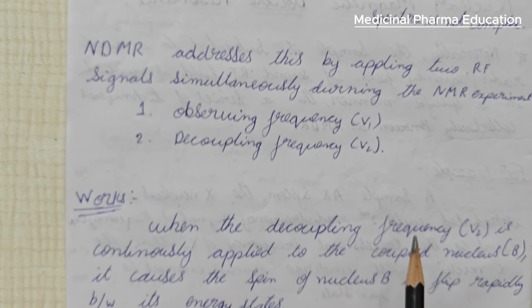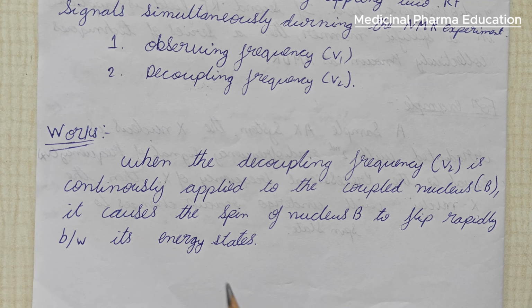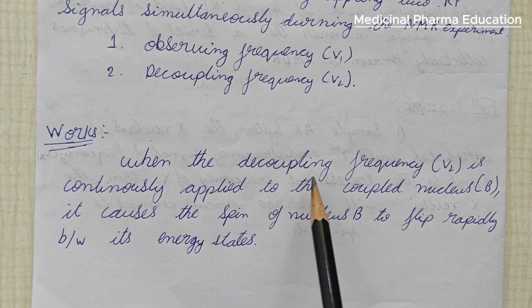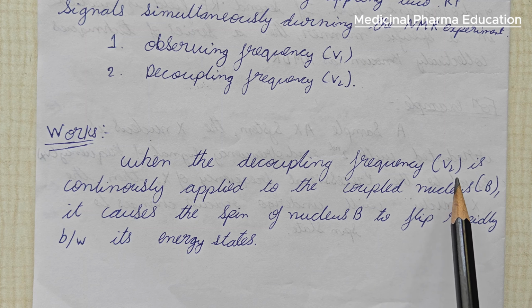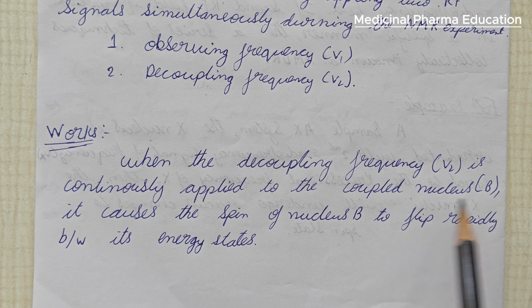Okay, we'll just understand what the process of it is. When the decoupling frequency V2 is continuously applied to a coupled nucleus B, it causes the spin of nucleus B to flip rapidly between its energy states. Here what is happening, right?